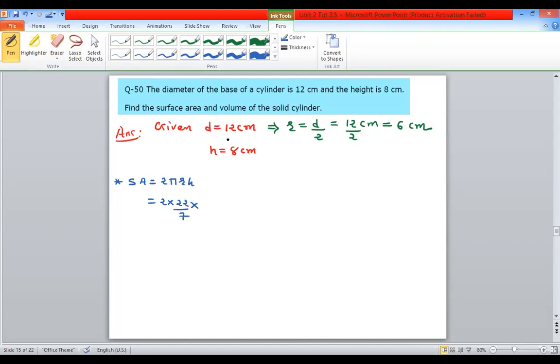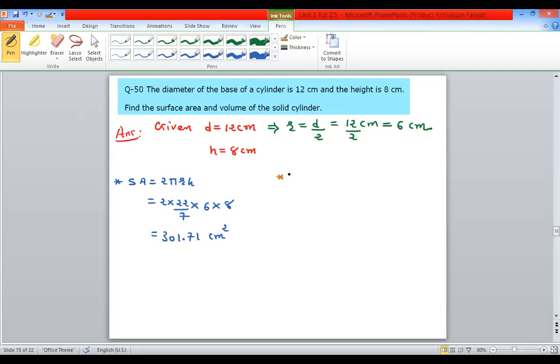Diameter is 12 and the radius is half of diameter, it's 6 centimeter, and your height is 8 centimeter. Take the product and divide by 7. It's 301.71. All the quantities here have unit centimeter, so it's centimeter square.